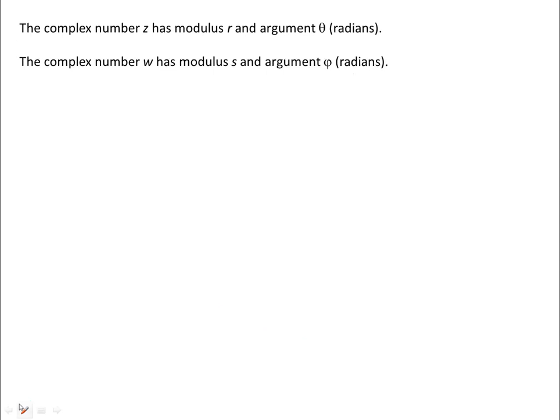If the complex number z has modulus r and argument theta, and the complex number w has modulus s and argument phi, then we know that we can write z as being r cos theta plus i sin theta, and w can be written as s cos phi plus i sin phi.